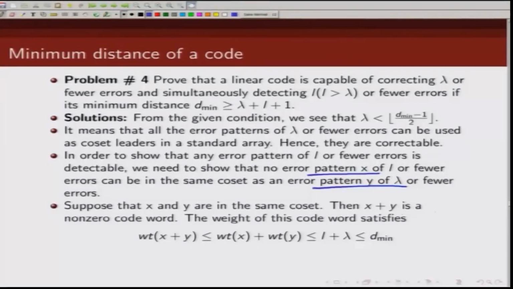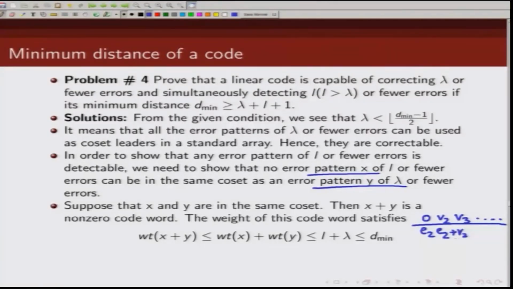If you recall the entries of a standard array, we had in the first column the code words, and then we had other code words v2, v3, and then error pattern E2, and then E2 plus V2, like that we had.